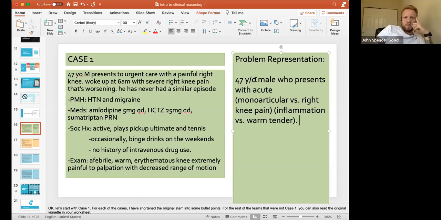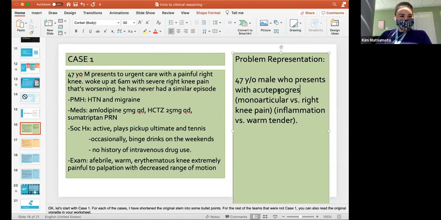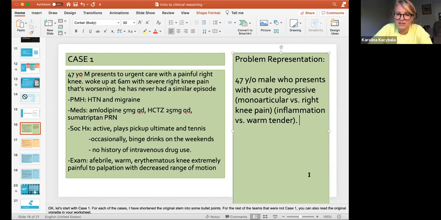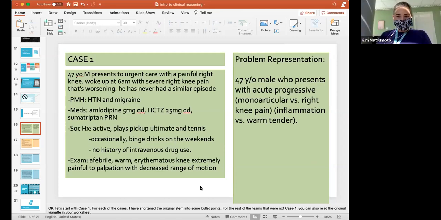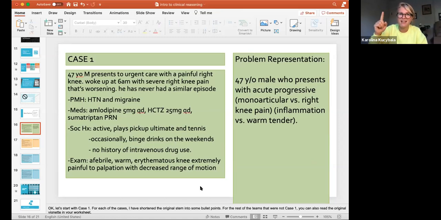So one thing we did mention, Kim, that we didn't put in there was progressive. Oh yeah, sorry. Okay. Well, this is going to be one of my pet peeves of semantic qualifiers. So what does arthritis mean? Inflamed joint. Yes. Don't you really hate osteoarthritis?